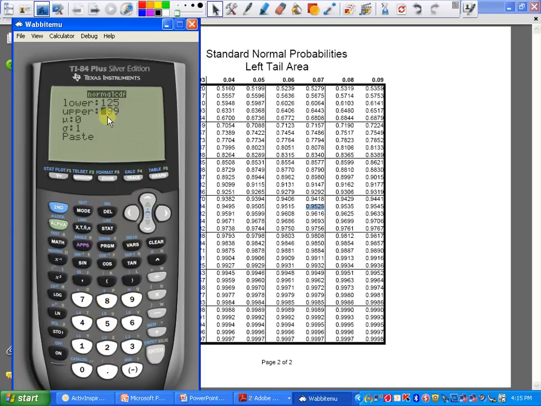Upper bound is still infinity, basically. We can't have an IQ score of infinity, but this will take care of all of that right tail. But now we have to change our mean to the mean IQ score, which is 100, and a standard deviation of 15.